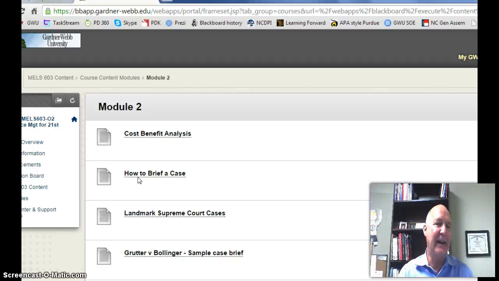If you Google a particular case, you're going to find all kinds of briefs. While cutting and pasting and putting together a one-page brief is acceptable, as you'll see in this Grutter versus Bollinger example, I want you to become a bit of a mini expert in your Supreme Court case.